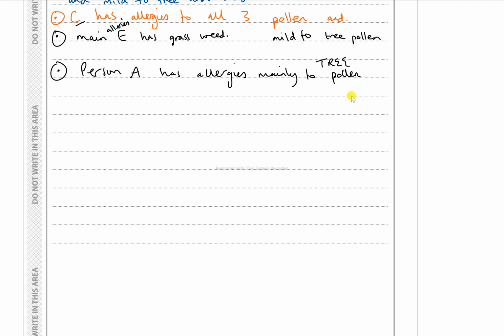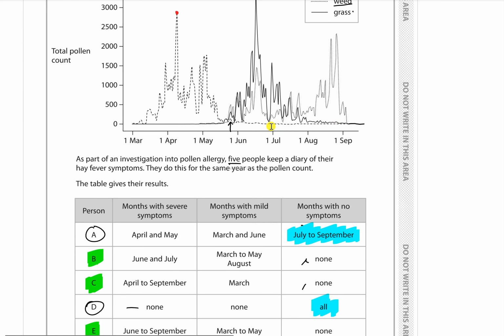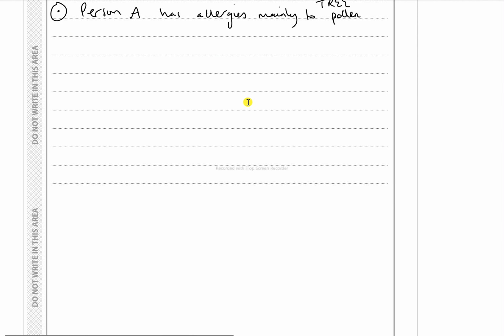Tree pollen. Yeah. July to September. July to September, yeah, that's when the tree pollen's gone. So really, yeah, I suppose it's a side effect after that. Right, okay. That was a tough one.